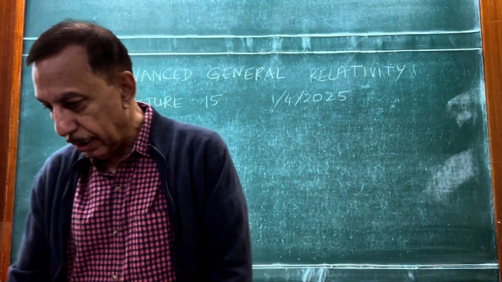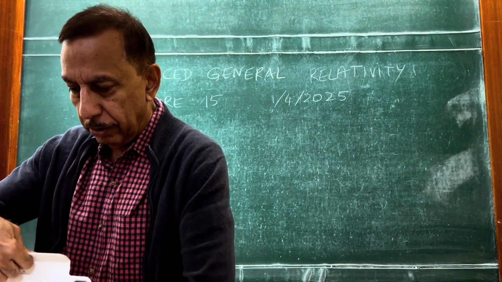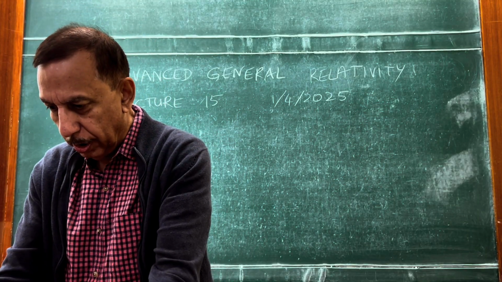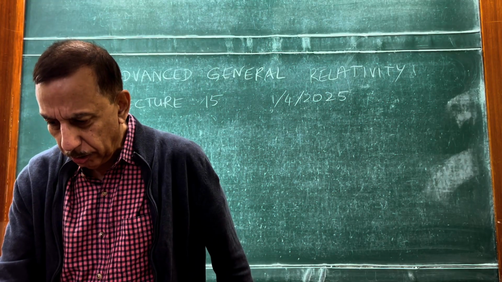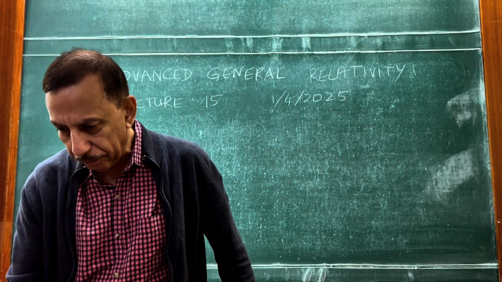Okay, so let's start. Last time we introduced Schwarzschild black holes, which I think most of you already know something about. But we are going to study them from a somewhat more precise and hopefully rigorous perspective.